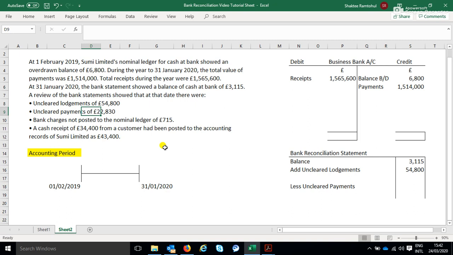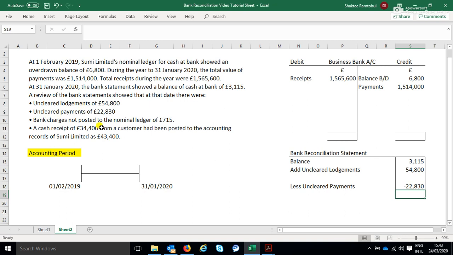But the companies to which we have issued the check maybe did not have the time to go and clear that payment. So surely, when they do, this will reduce our bank statement balance. So I'm going to put a negative sign here, since we are paying, this is meant to reduce our bank statement balance.